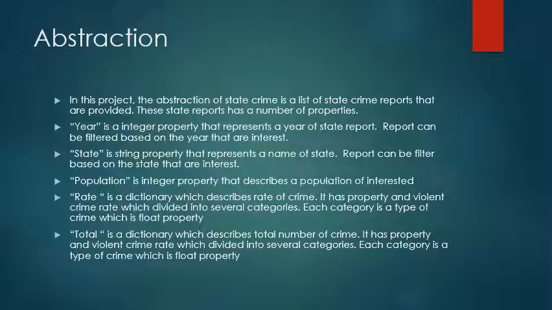So for the abstraction, in this project, the abstraction of state crime is the list of crime reports that are provided, and this state report has a number of properties, and all the properties will be represented in the data map, which is on the structure slide later. The first property is the year, an integer property that represents the year when the state crime happened.